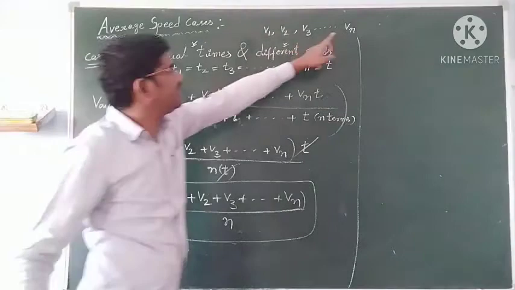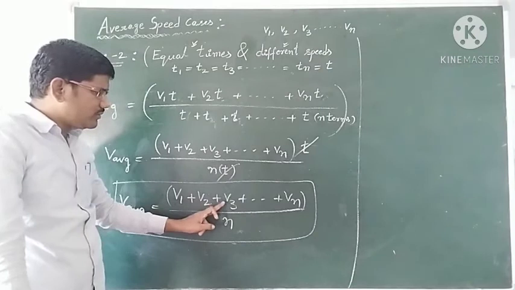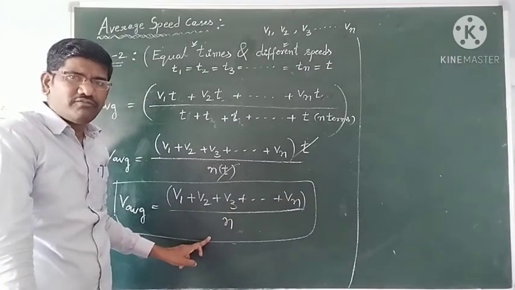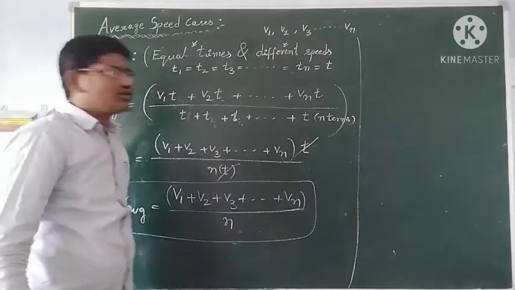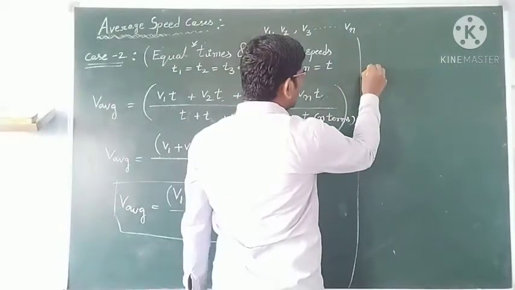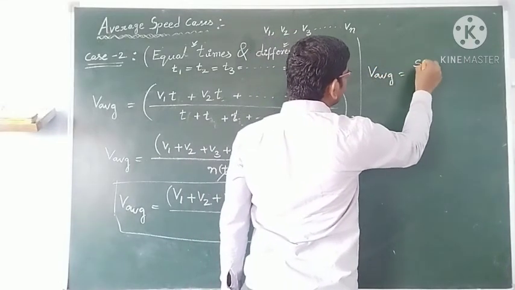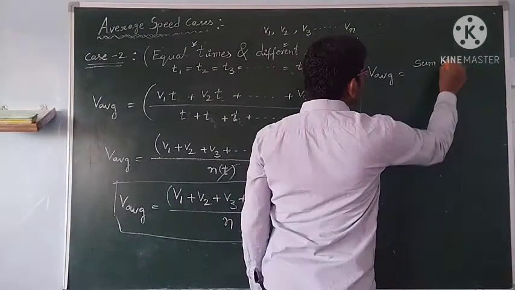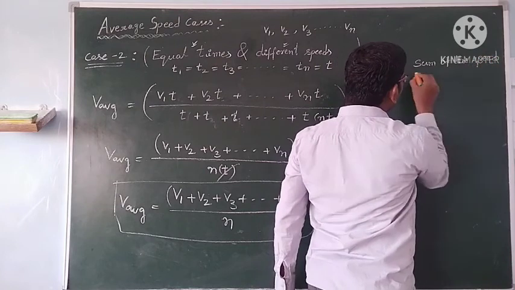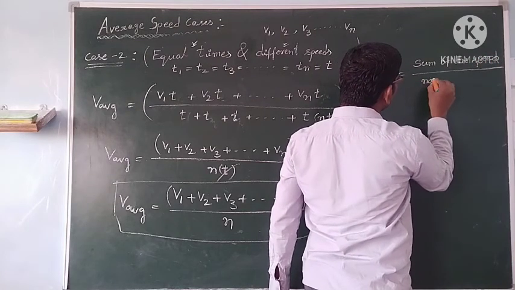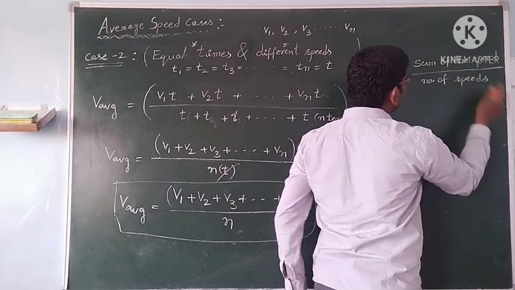If you have n number of speeds, then sum of all the speeds V1 plus V2 plus V3 plus Vn by number of speeds, simply you are getting the average. So when time intervals are equal, the average speed formula becomes sum of the speeds by number of speeds.